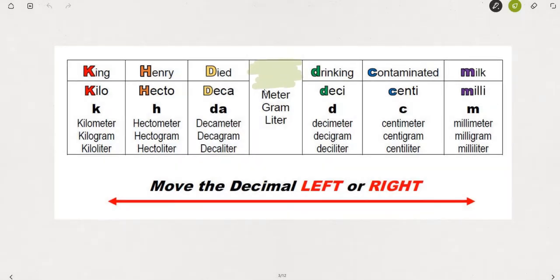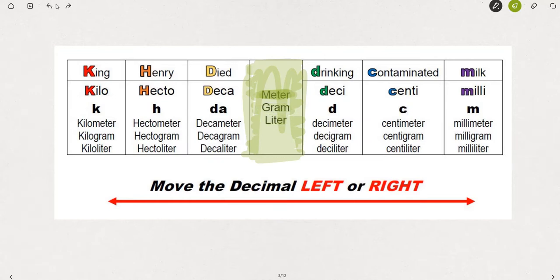to use this. And the first thing you have to understand is that the meter, gram, and liter are our base units. So if you're talking about measurement for distance or length, we're using a meter. If you're talking about weight, we're going to use a gram. If you're measuring capacity, like how much Pepsi or Coke fits in this container, we're going to be using a liter.